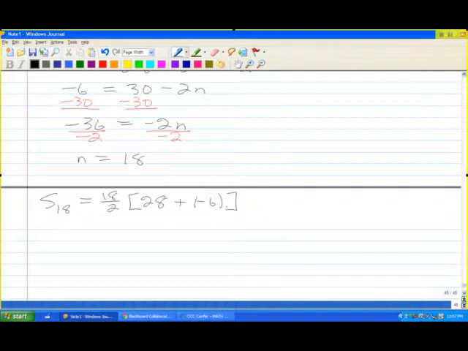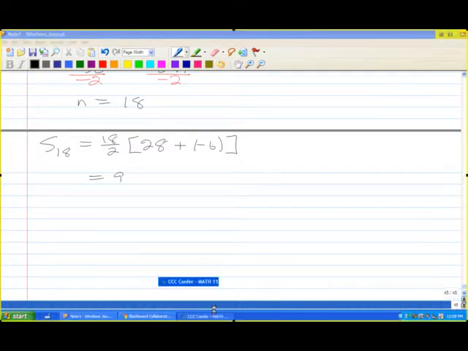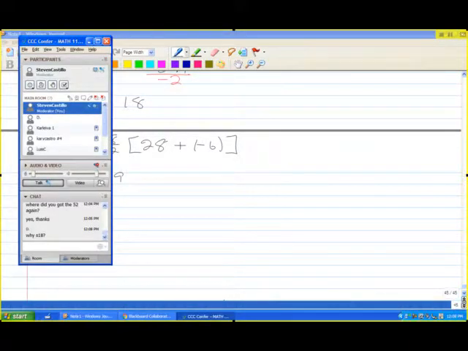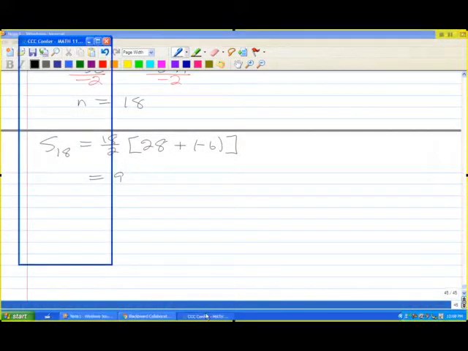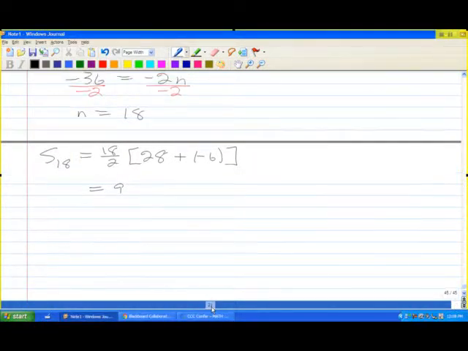The last term was -6. And n in this case was 18. And so I get 18 divided by 2 is 9. Why 18? Oh, because there's 18 terms. Remember, the subscript just means how many terms there are. And so I found that n was 18.